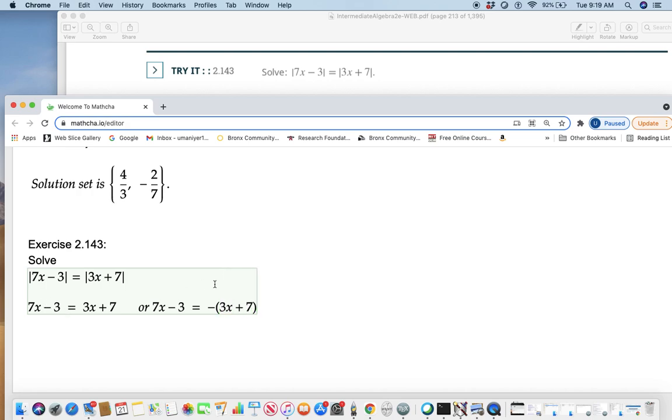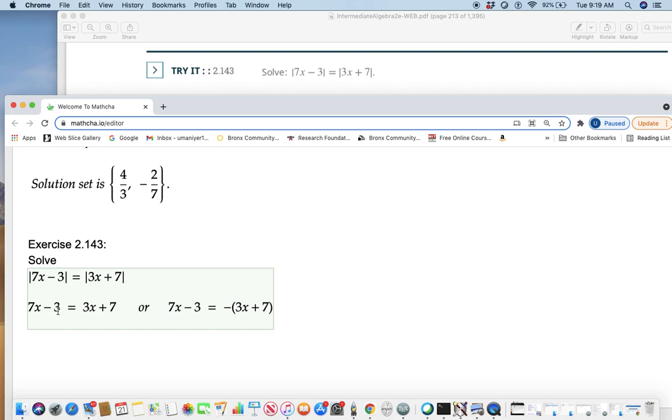Notice the parentheses, that's important. So this equation gives rise to two equations: one with the expressions themselves equal to each other, or one expression equals the negative of the other expression.